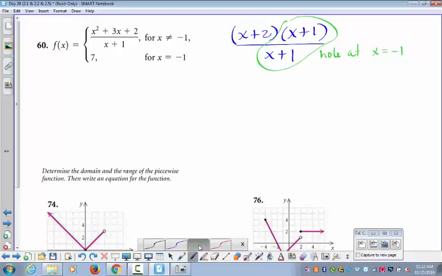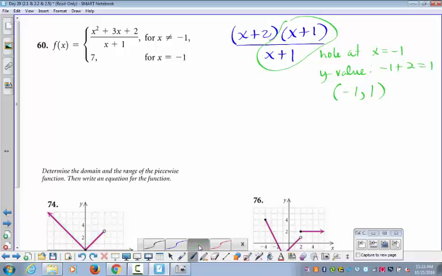Anyone know? What if you canceled those out? Yeah. The y value of the hole is found by substituting the x value into what's left after you cancel out the factor. So the y value would be -1 plus 2. We're plugging it in to that, and so the hole is there.